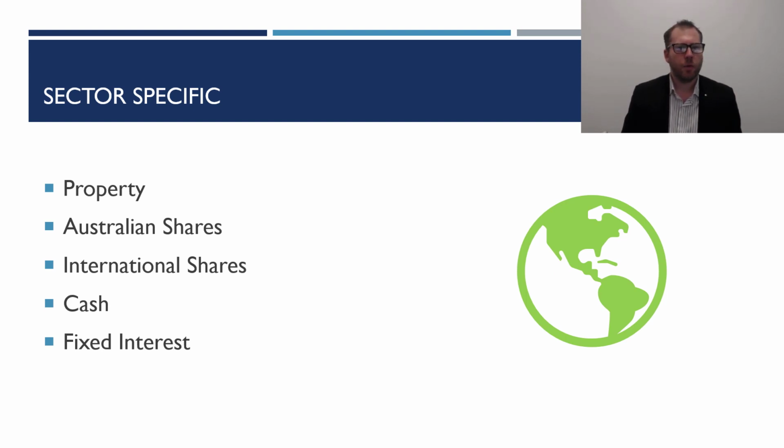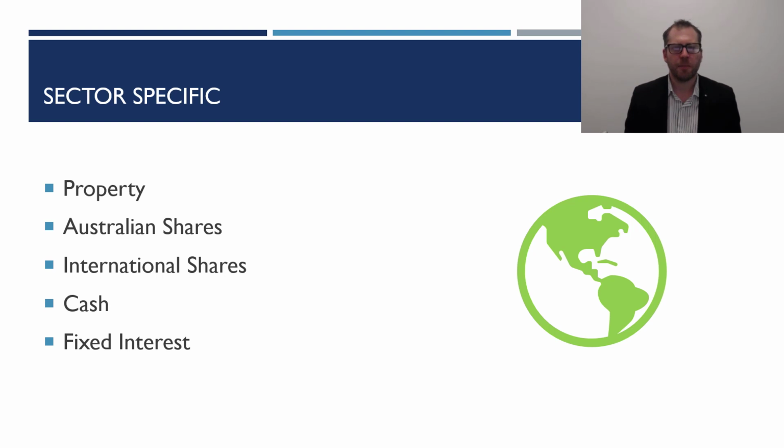Moving forward, we're looking at sector-specific options, and this is where, for example, on the growth side of things, we can choose an individual property-style managed fund, an Australian share fund, international shares through to cash and fixed interest. So it's set up into specific sectors, and you've got a bit more flexibility with how much of your funds you'd like to allocate into particular sectors.